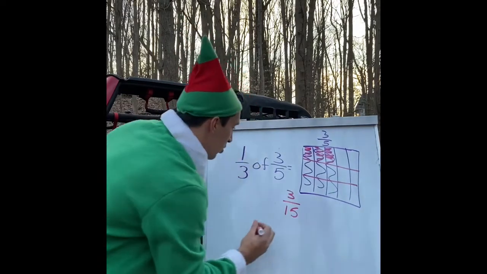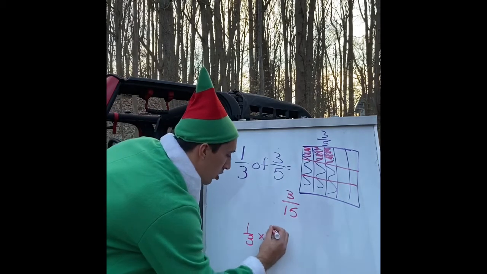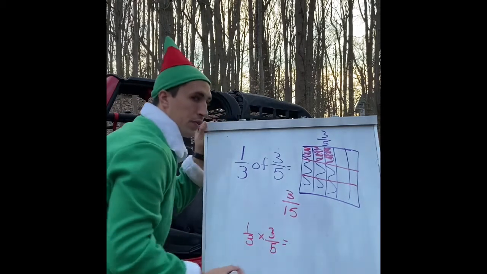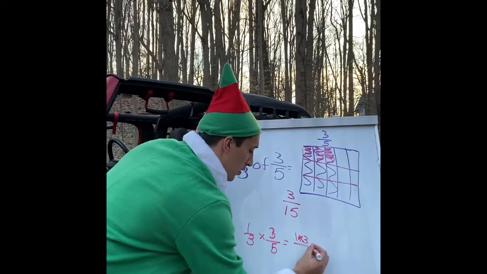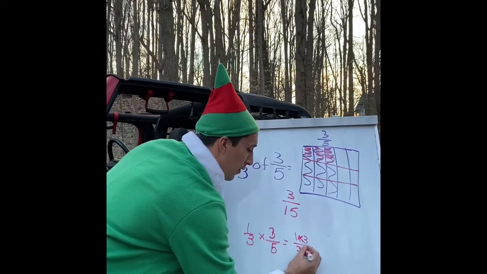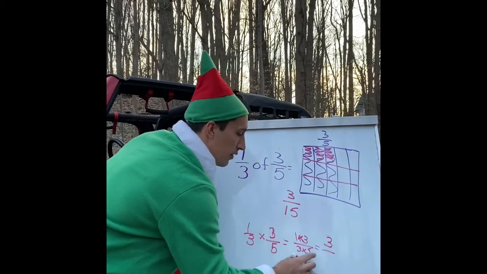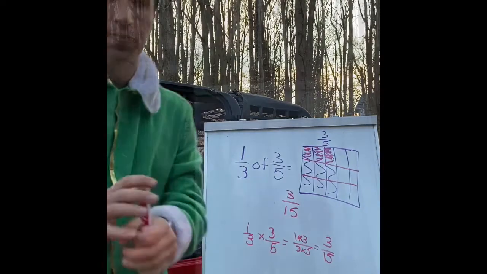Good. Or 1/3 times 3/5 equals 1 times 3, 3 times 5. 1 times 3 gave us 3. 3 times 5 gave us 15. 3/15 is our answer.